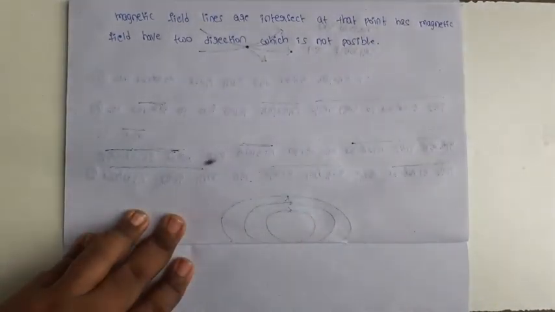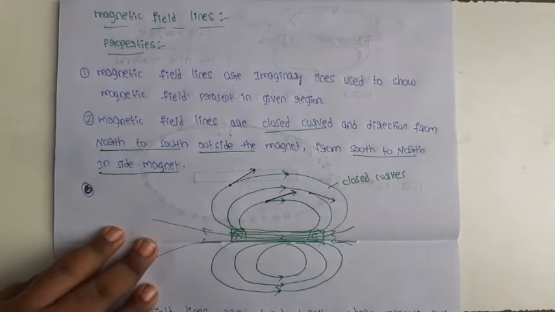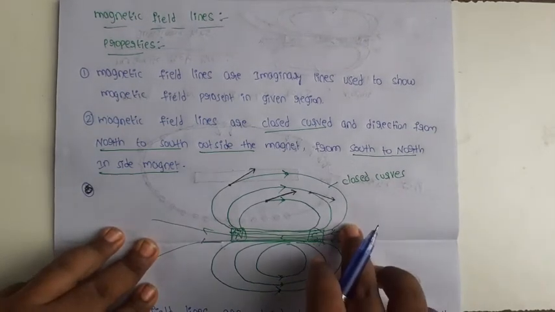That's why magnetic field lines never intersect. These are all the properties of magnetic field lines.